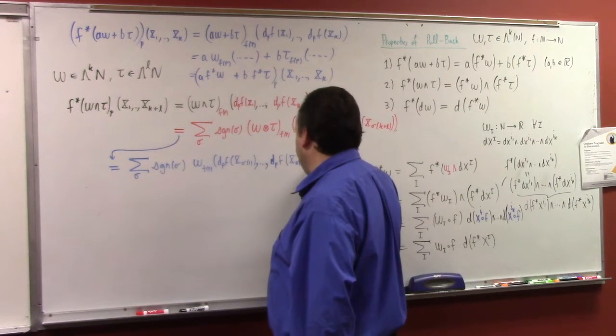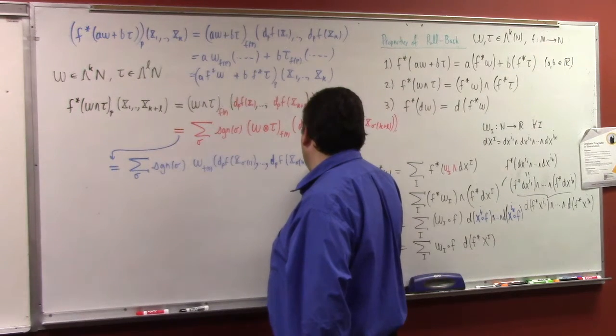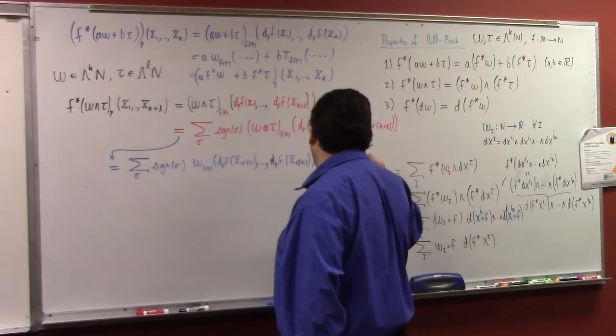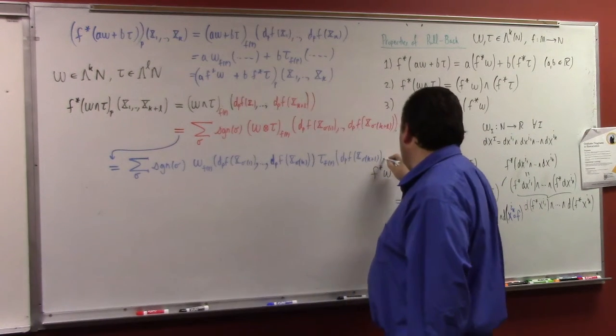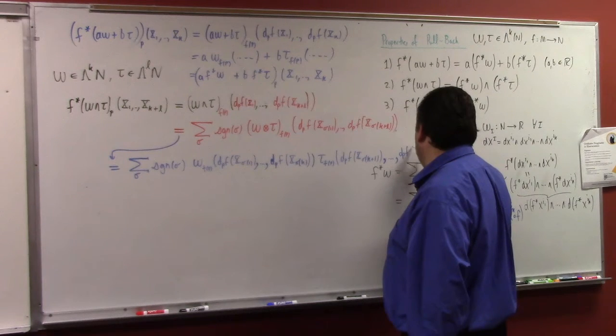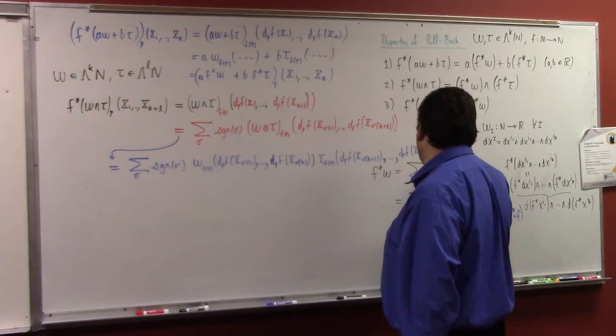And then we pick up on our tau at f of p, acting on dpf of x sigma k plus 1, rather. And that goes on until finally you get dpf of x of sigma k plus L.